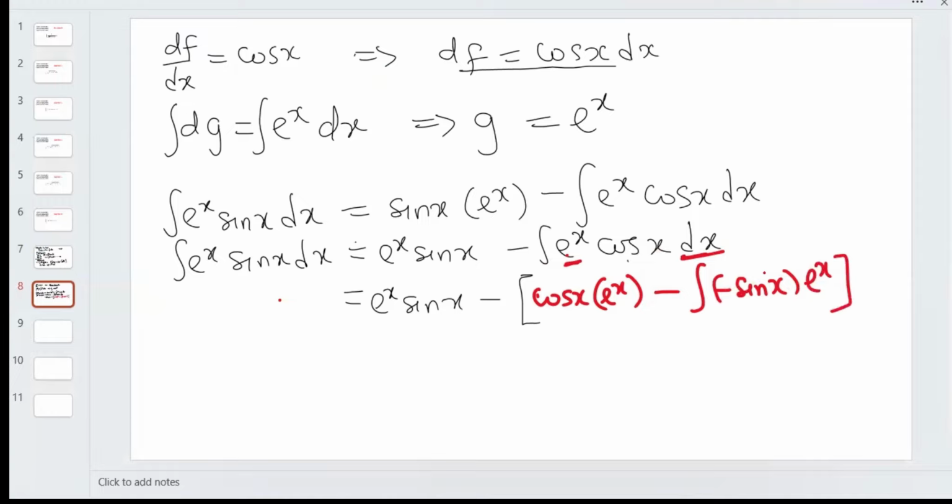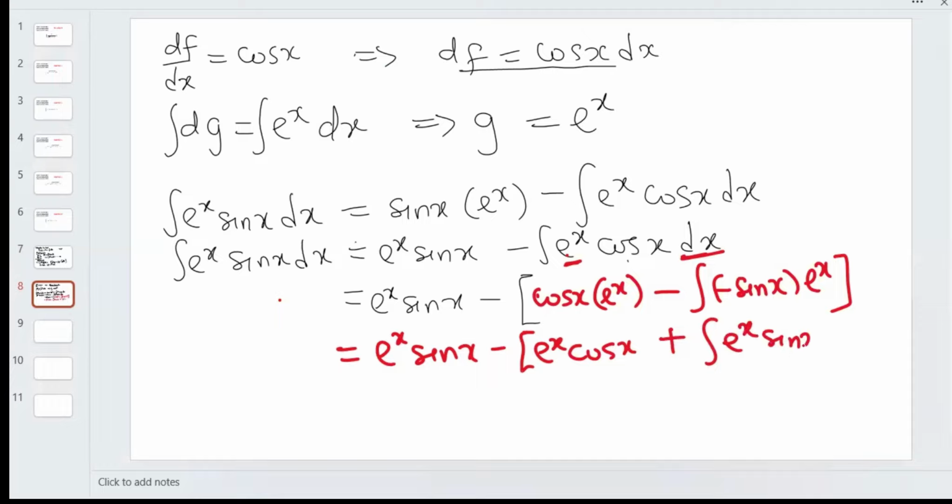So this is something you can try out using the same notion we've used while solving the question from the start. So this now becomes exponential x sine x minus, in brackets, exponential x cos x plus the integral of exponential x sine x dx.